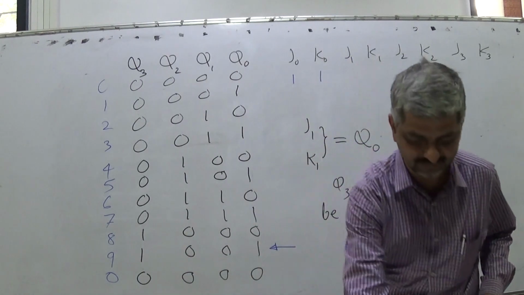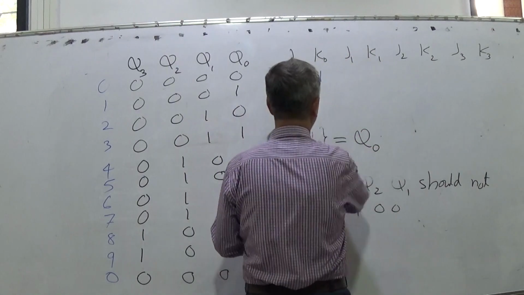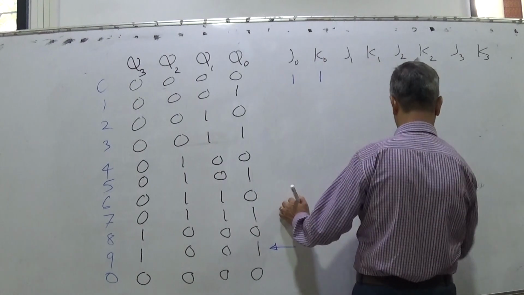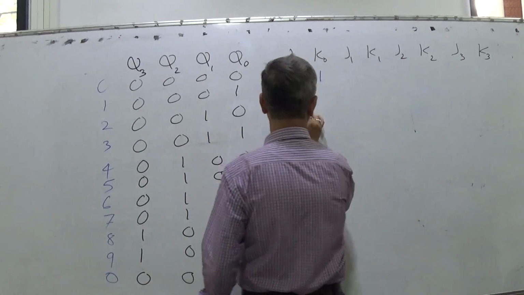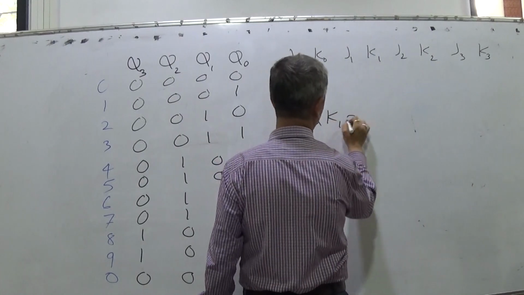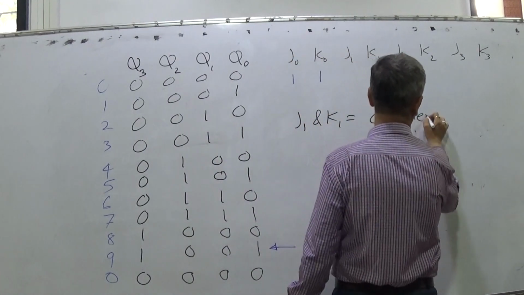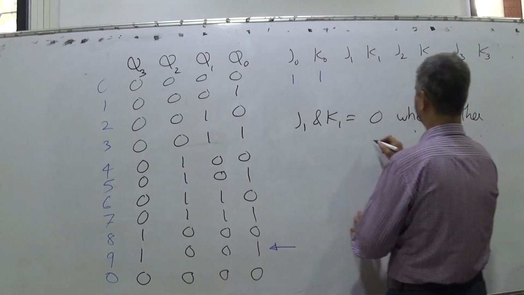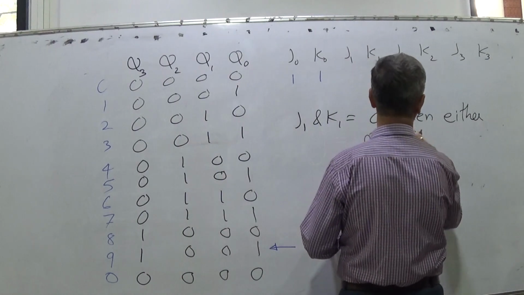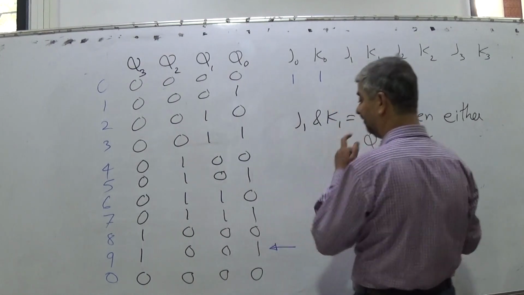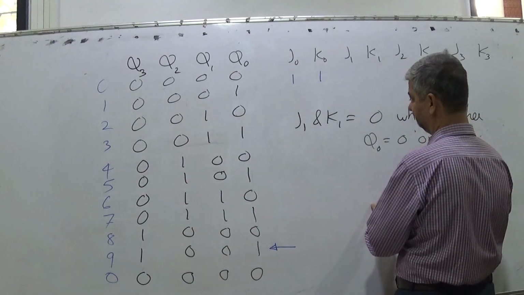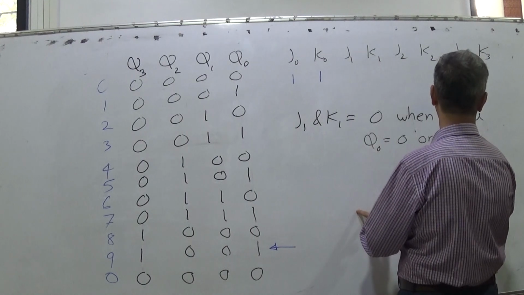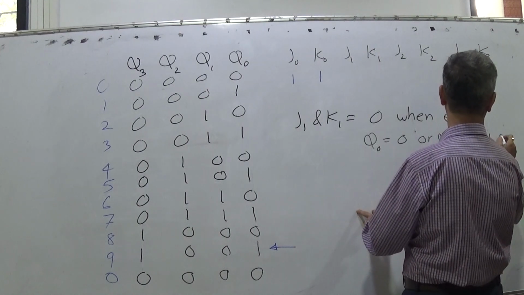So, listen very carefully now, I can write that J1 and K1 should be 0 when either Q0 is 0 or Q3, Q2, Q1 are 1 0 0.